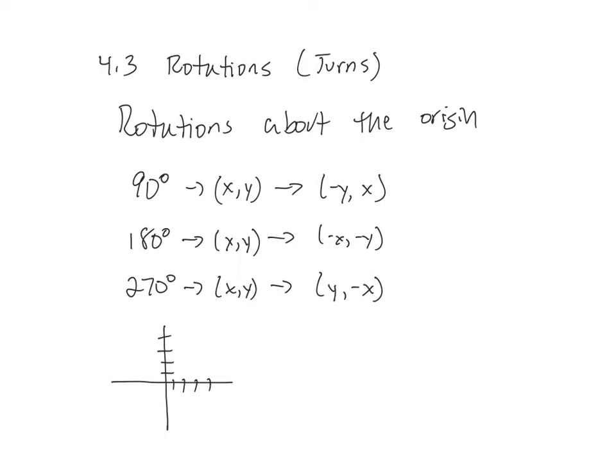If I put the coordinate 3, 2, and I apply this 90-degree rotation, so for 90 degrees, the x becomes the y part, and the y becomes the x but negative. So I get -2, 3.